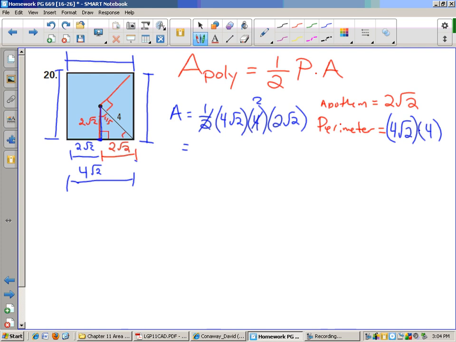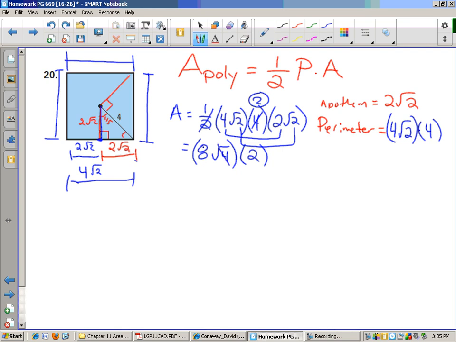That ain't pretty. But let's do the 4 root 2 and the 2 root 2. Remember that outside things multiply outside things, and inside things multiply inside things. So what's 4 times 2? 8. Root 2 times root 2 is root 4. And then we still have our little 2 hanging out up here. So it's 2. Okay, so now whenever I multiply this out, what's the root 4?